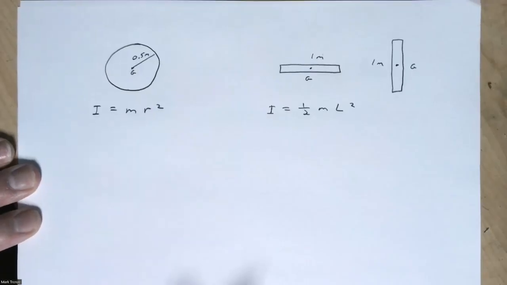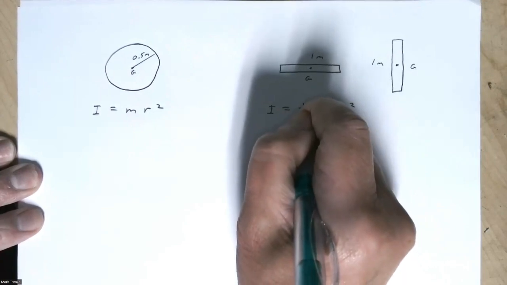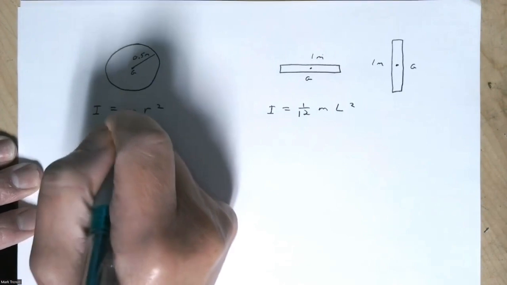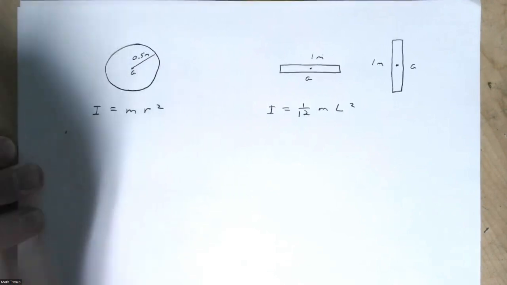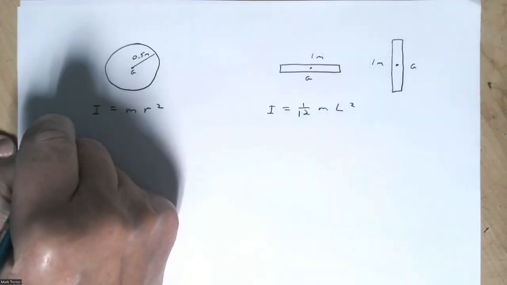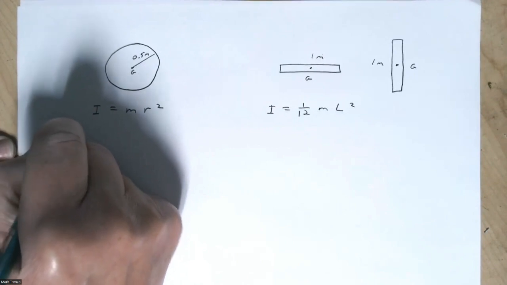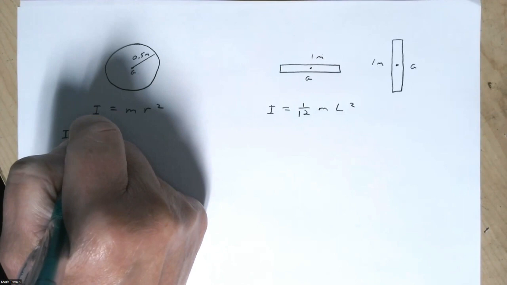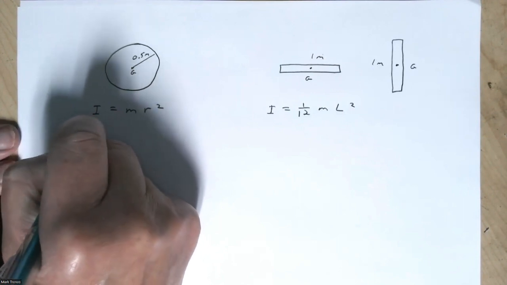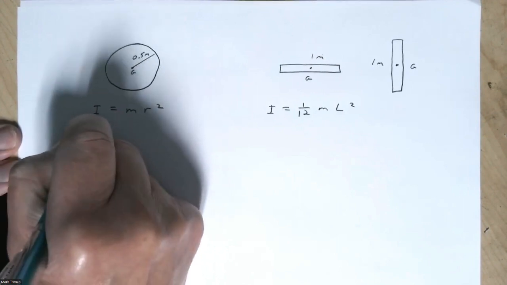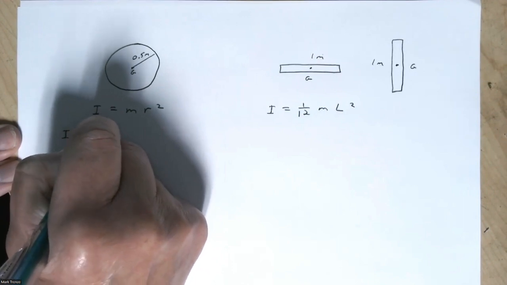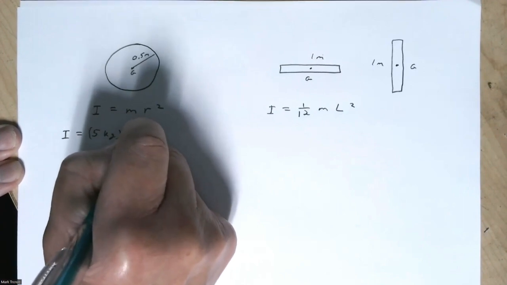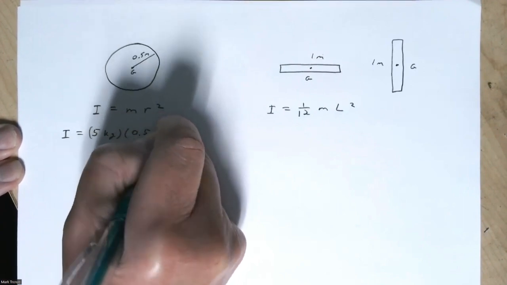So we can write those down. This was 1/12. And so now for the ring, we'll have I equal the mass of the ring, which is 5 kilograms, times the radius of 0.5 meters squared.